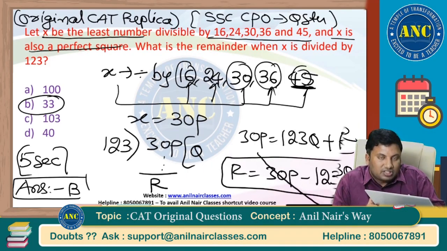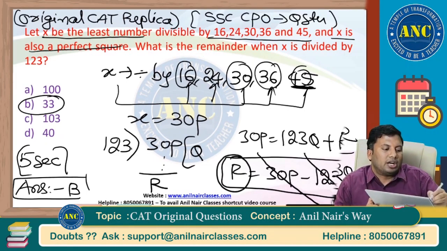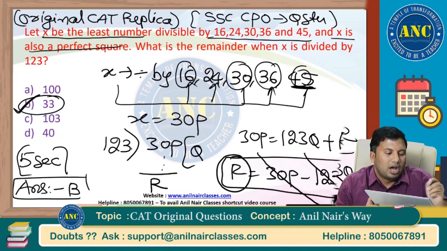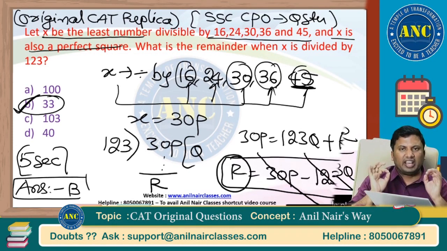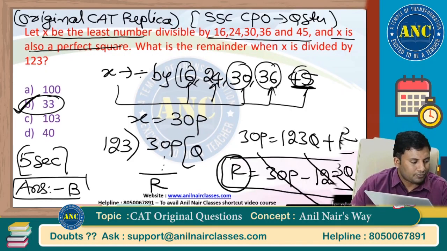This is divisible by 3, this is divisible by 3. The remainder should be divisible by 3. The option is 33. Exact questions with exact answer options.